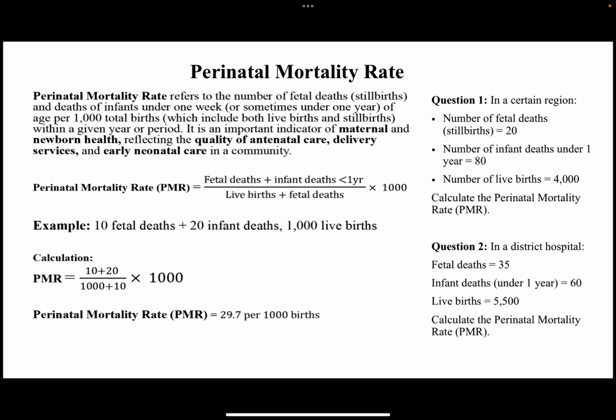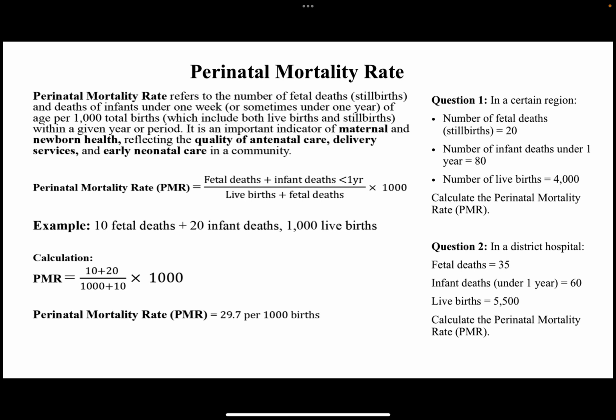Okay, now this perinatal mortality rate is a very important indicator, because it's an indicator of maternal and newborn health. It gives us an idea of maternal and newborn health. The reason is because it combines both the newborn and the maternal health in its calculation. Okay, it's going to measure the fetal deaths, that's the stillbirth, and then the early neonatal deaths.